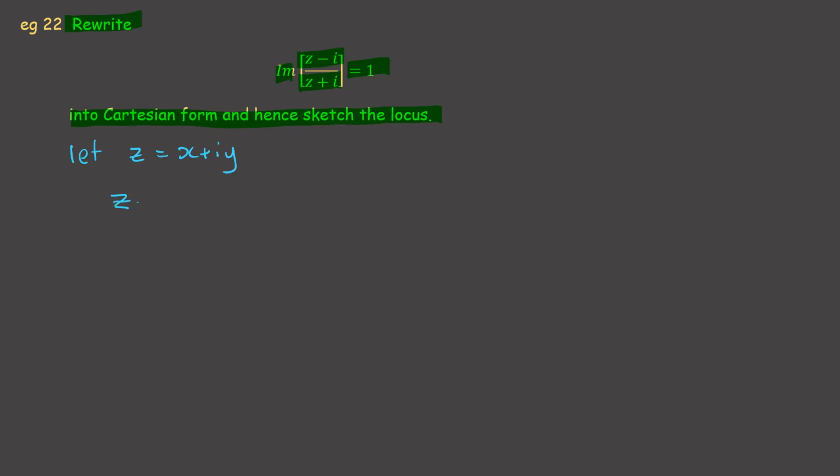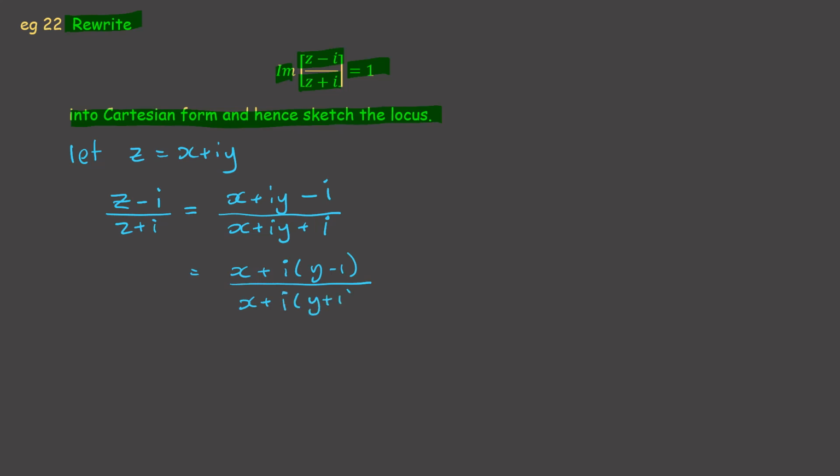Then we have z minus i over z plus i would be equal to x plus iy minus i over x plus iy plus i. So we can write that as x plus iy minus 1 over x plus iy plus 1.